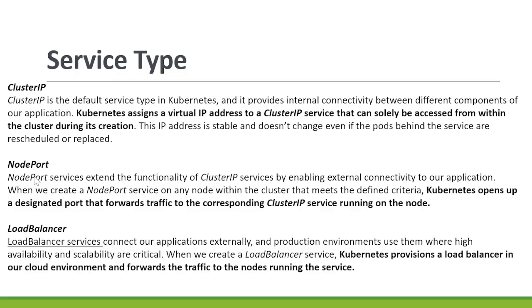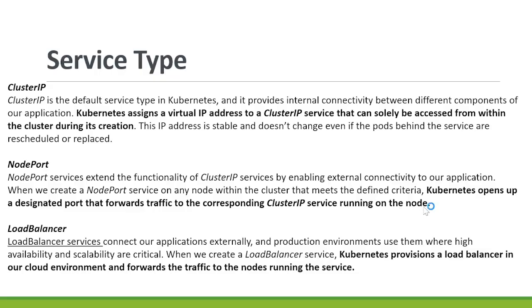Next one is NodePort. A NodePort service extends the functionality of ClusterIP services by enabling external connectivity to our application. When we create a NodePort service, on any node within the cluster that meets the defined criteria, Kubernetes opens up a designated port that forwards traffic to the corresponding ClusterIP service running on the node.